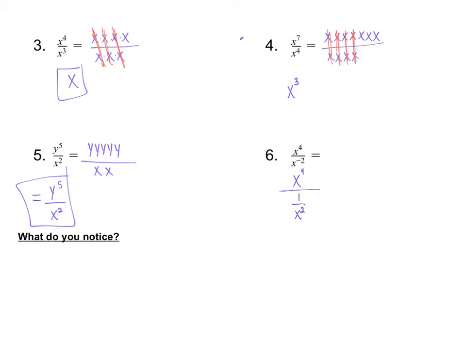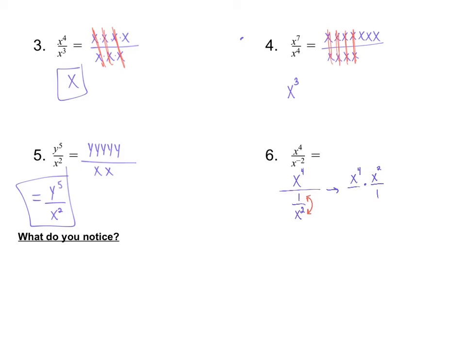So the reciprocal of 1 over x squared gets flipped to just x squared over 1. So when we multiply, I have x to the 4th times x squared over 1.